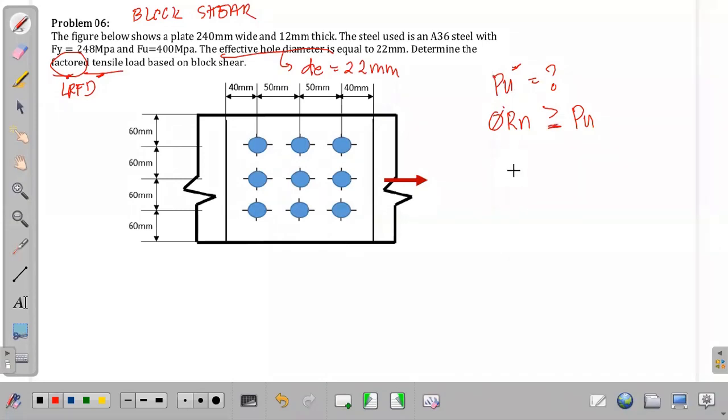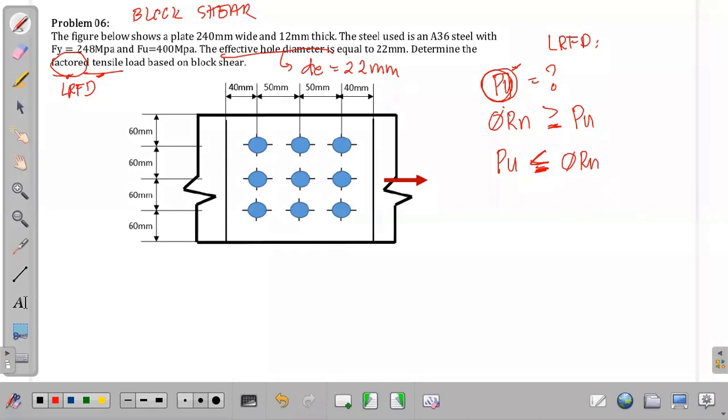So since yung hinahanap nating Pu, LRFD kasi yung hinahanap natin dito since factored ang sinabi sa problem, our Pu is less than or equal to phi Rn.